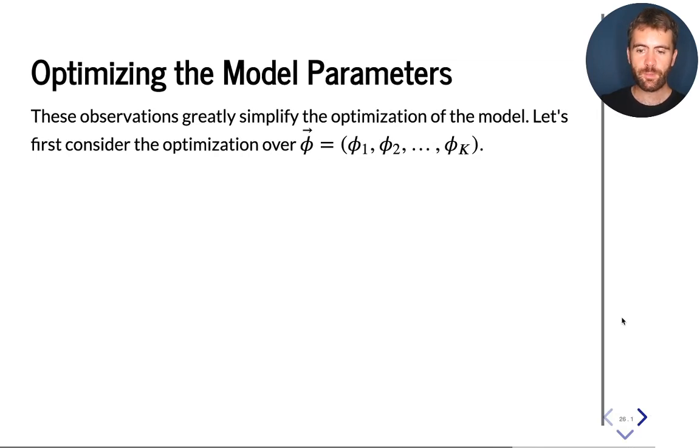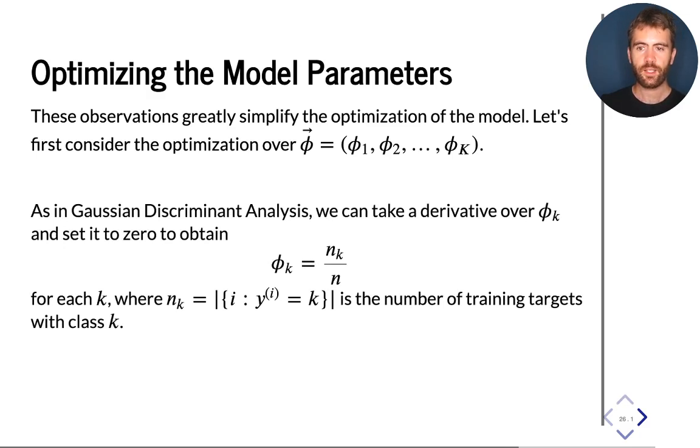So what happens if we optimize this model? Well, because we have these simplified assumptions, we can again derive a really simple closed form for our parameters. First, for the parameters phi, we have the same nice and convenient form that we had earlier.